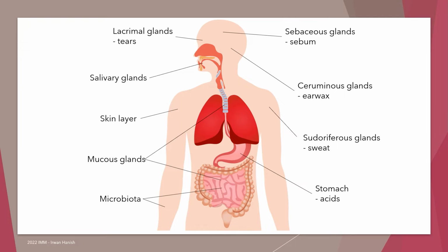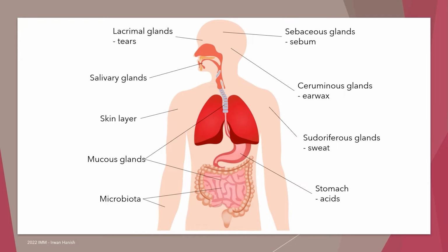So now I'm inviting you to also consider something more, something less obvious, let's say, which is that even your skin can be considered an immune organ. People who never study immunology might not realize that, but it definitely is.